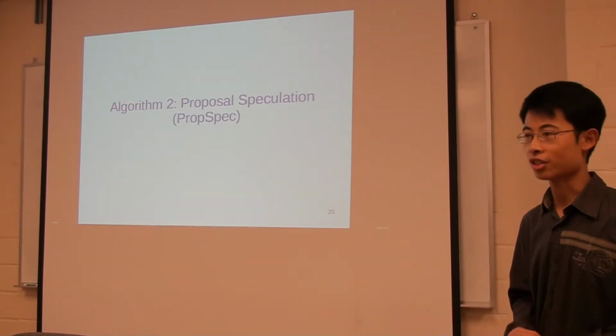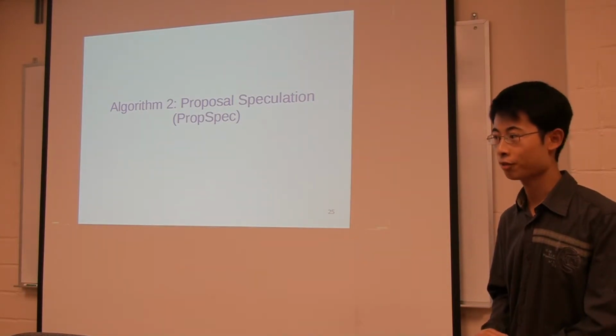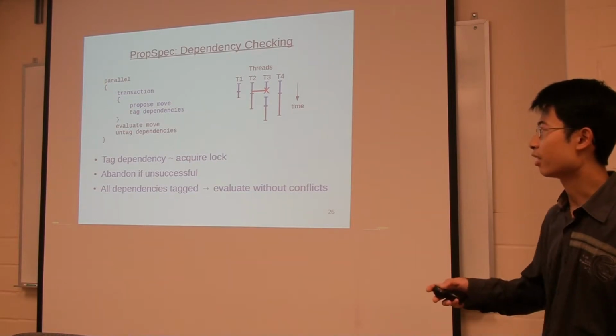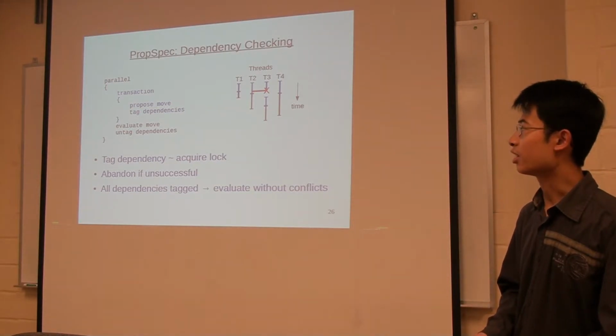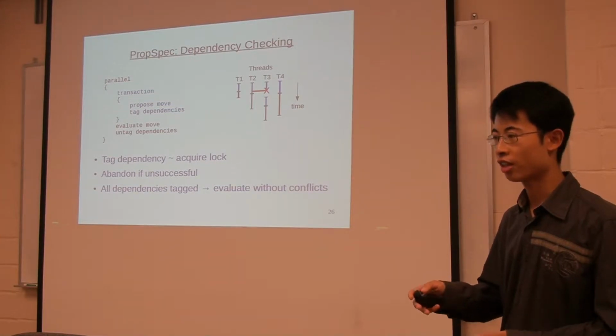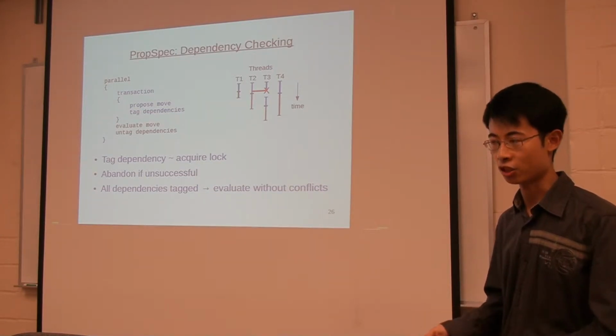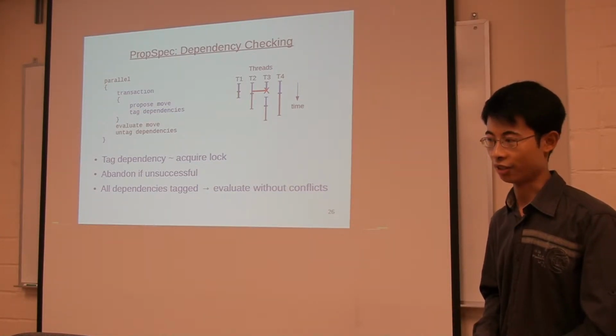So that brings us to the second algorithm, proposal speculation, or PropSpec for short. And here the idea is to take the evaluation phase of the move computation out of the transaction by protecting it with tagged dependencies or a dependency check during the proposal phase.